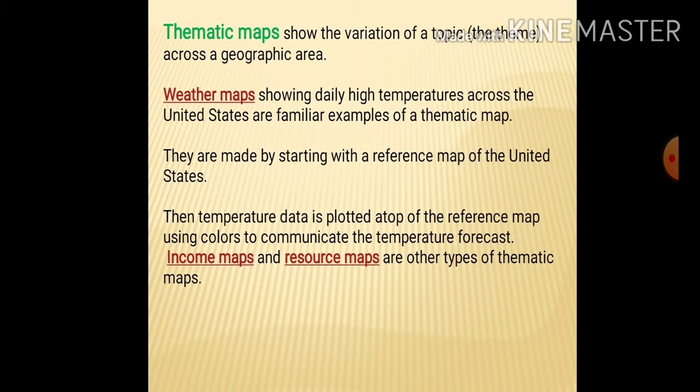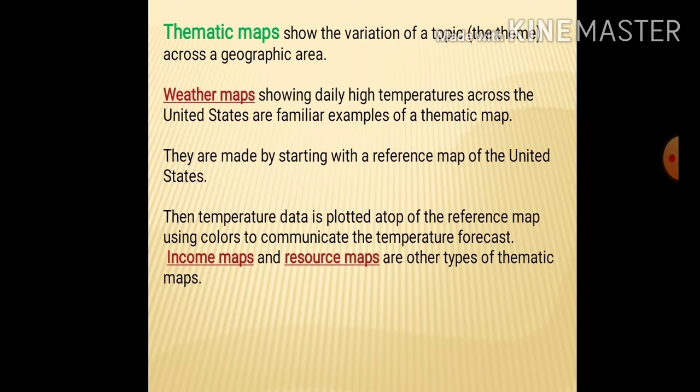The next important type of map, thematic maps, show the variation of a topic, the theme, across a geographical area. Weather maps showing daily high temperatures across the United States are familiar examples of a thematic map. They are made by starting with a reference map of the United States.